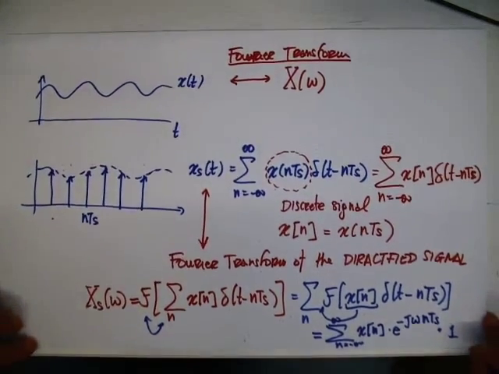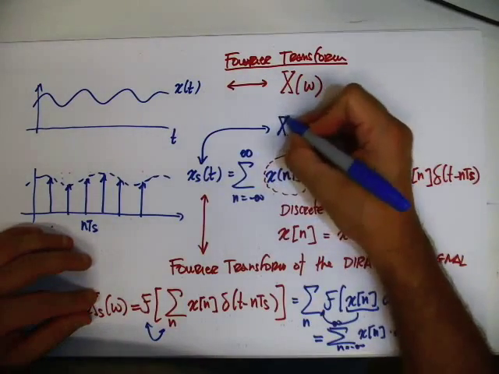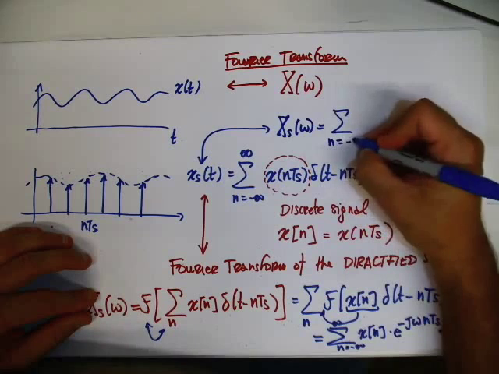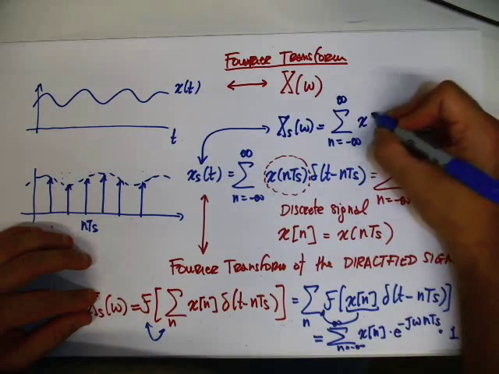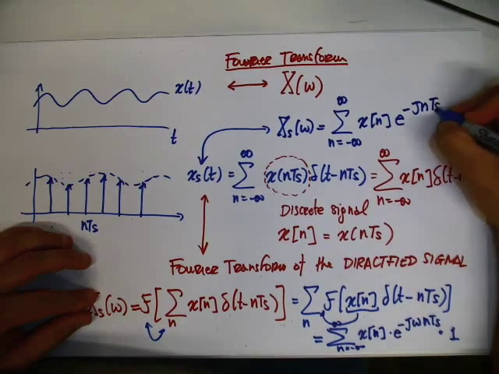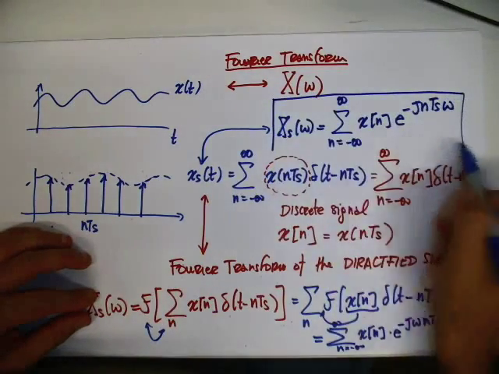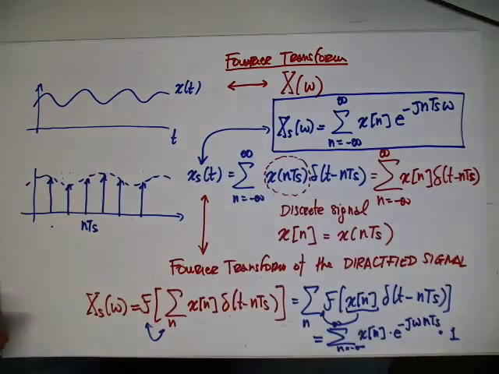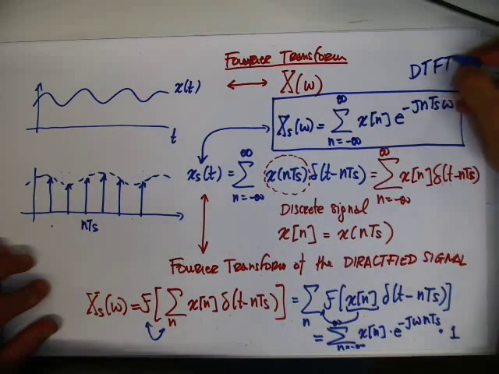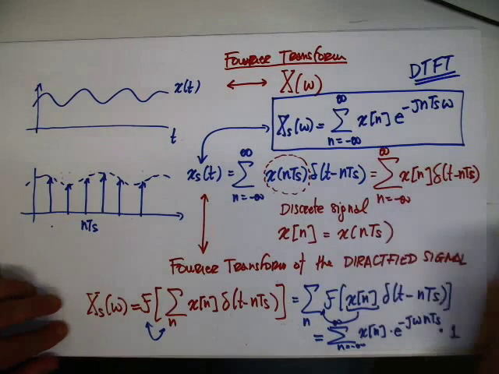So we see that the Fourier transform of this, which we call x sub s, is equal to the sum from n equals minus infinity to infinity of x sub n e to the minus j n ts omega. And this form actually reminds us of the discrete-time Fourier transform, right? So indeed, that's what we're going to study now.